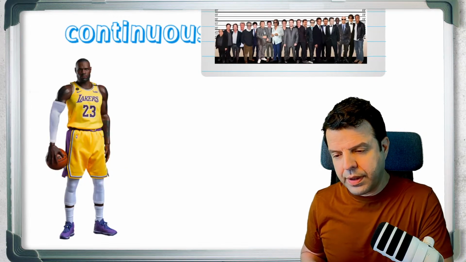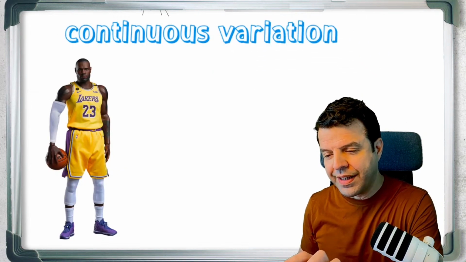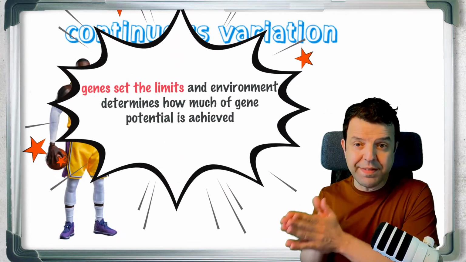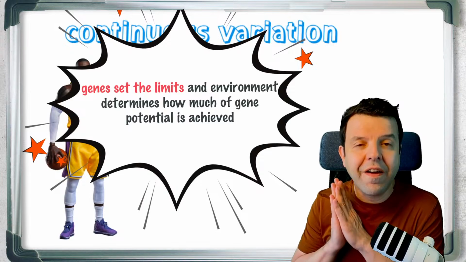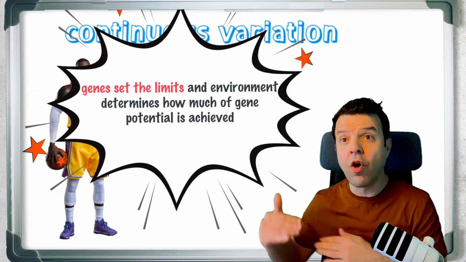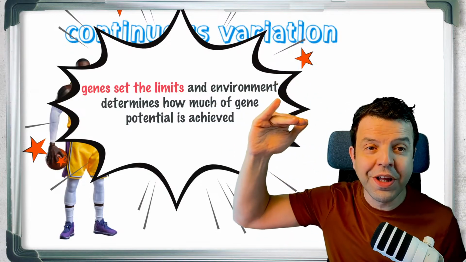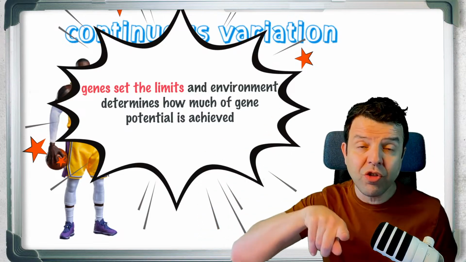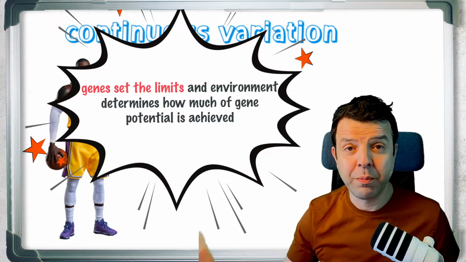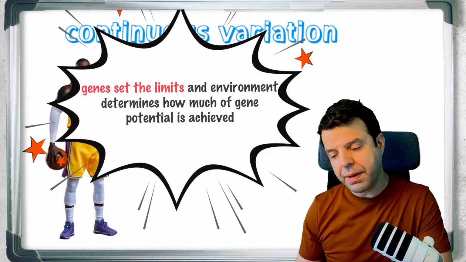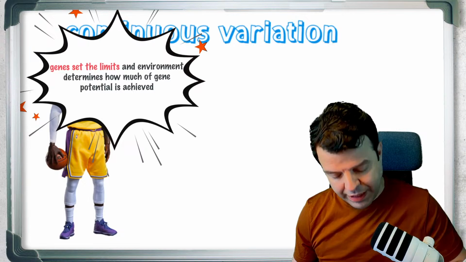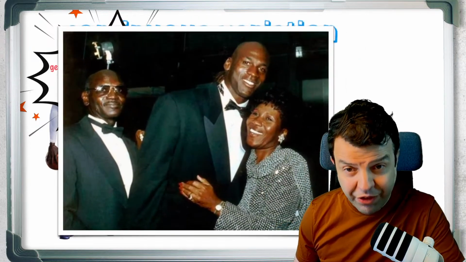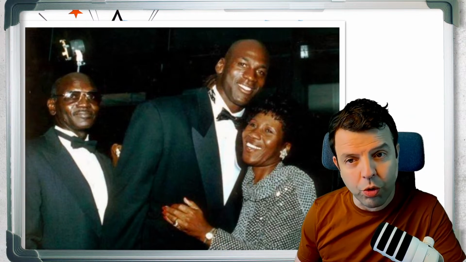Now, continuous variation always has limits. The genes set the limit for the very tall and the very short, but then the environment changes that potential. What do I mean here? Take basketball players. They tend to come from families that are tall.